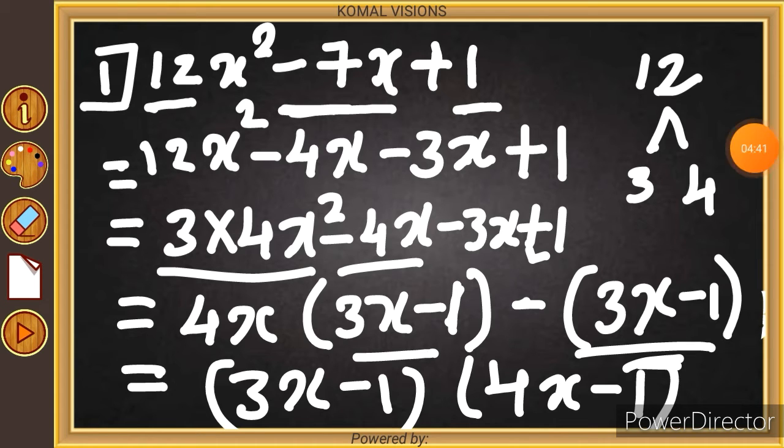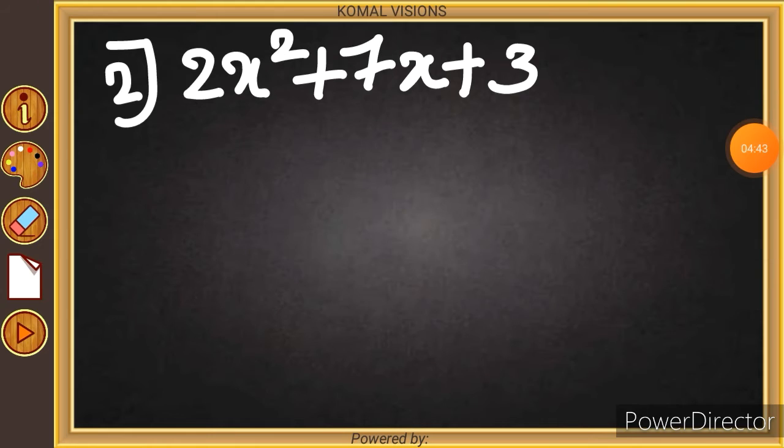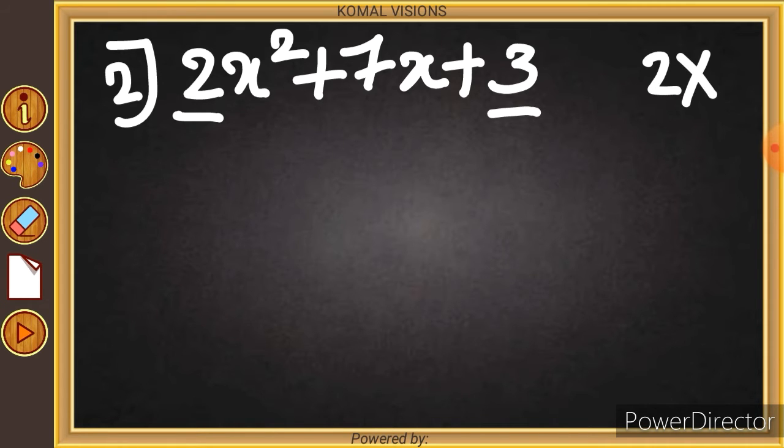Got it? Now the second problem. Here I have the second problem as 2x square plus 7x plus 3. Again I'm going to multiply the coefficient of x square and the constant term, where 2 into 3 I'll get 6. 2 3s are 6. I'll go for the factors of 6 as a second step.